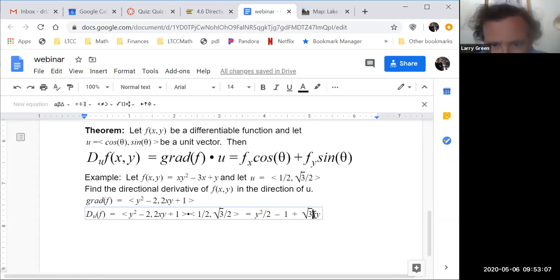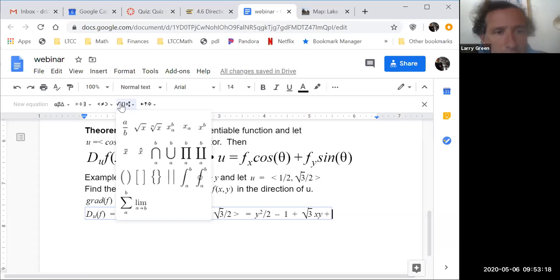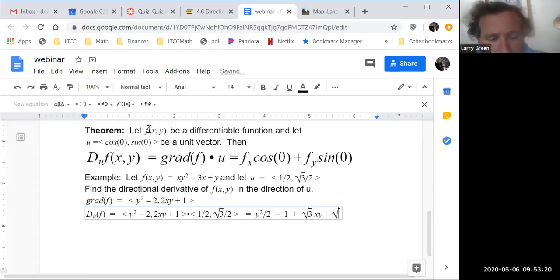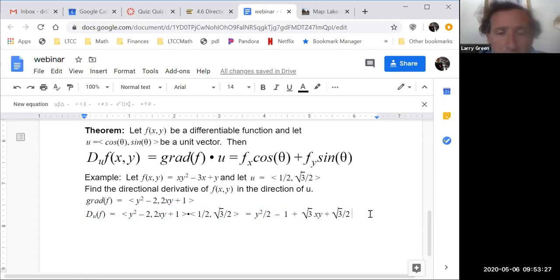I'll put a space there so it doesn't look like it's inside the root. Okay, and then plus root 3 over 2. Any questions at all on finding the directional derivative?